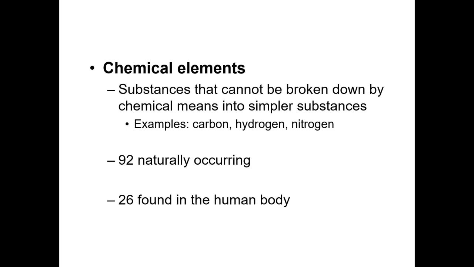They are the elements that we find on the periodic table. That chart that has all those letters and numbers, those are all elements. Such things as carbon, hydrogen, nitrogen, sulfur, helium, magnesium, sodium. All those cool things on that periodic chart are elements. And 26 of those are found in the human body.